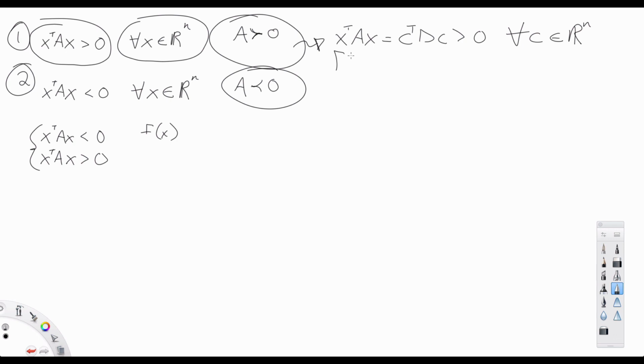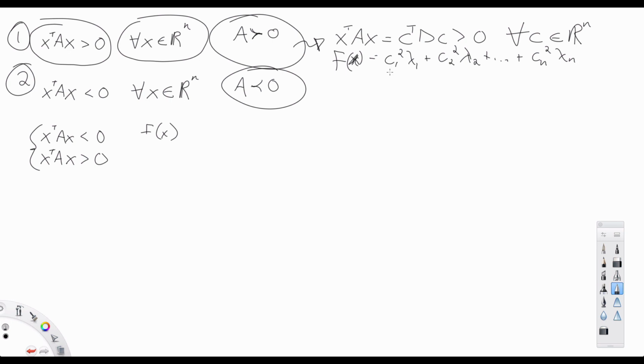And remember, we can define f of x as being equal to c1 squared lambda 1 plus c2 squared lambda 2 plus up to cn squared lambda n. So that means this increases in any direction.